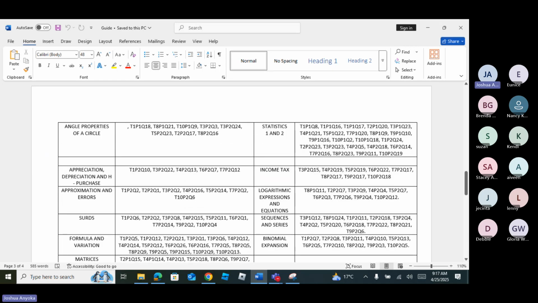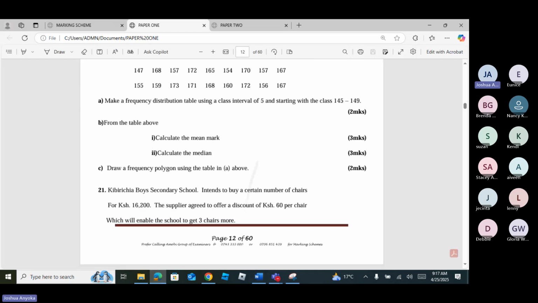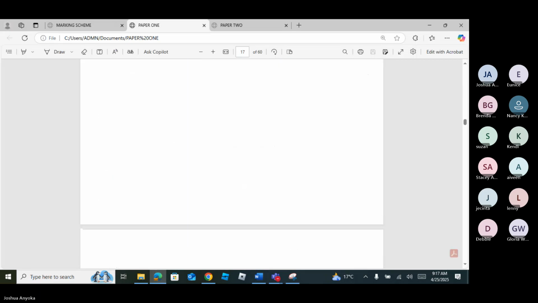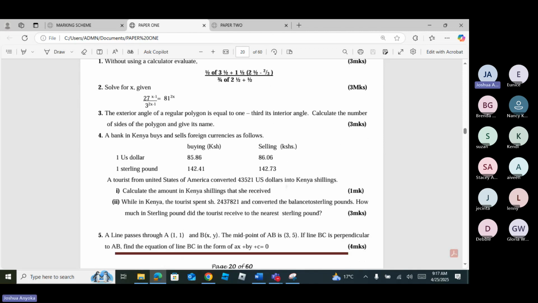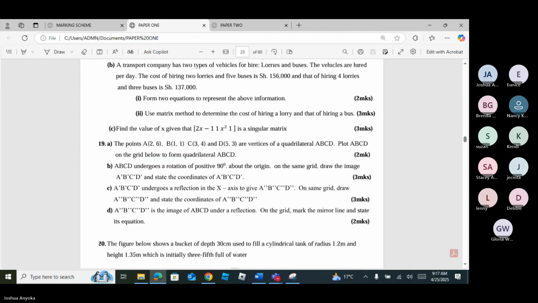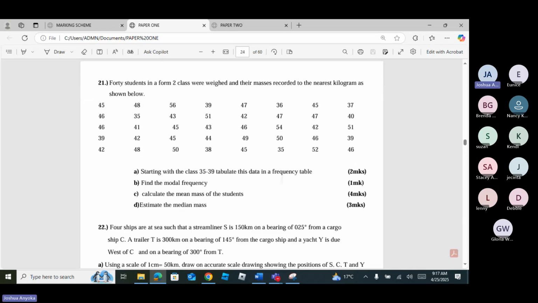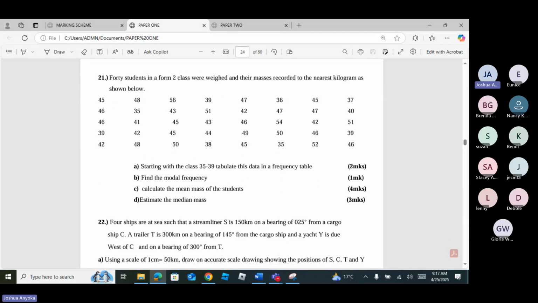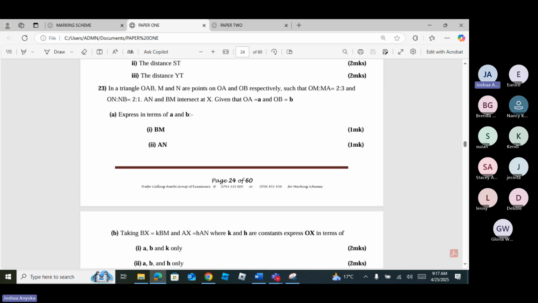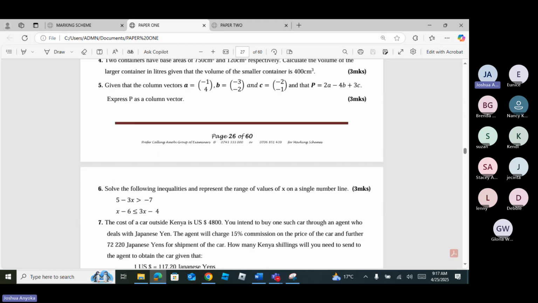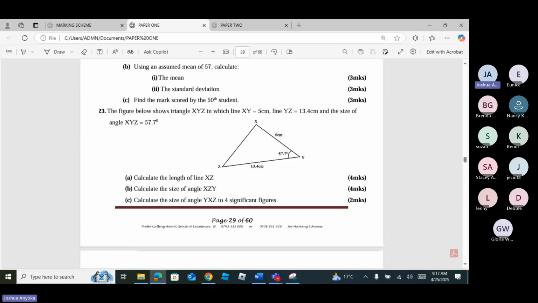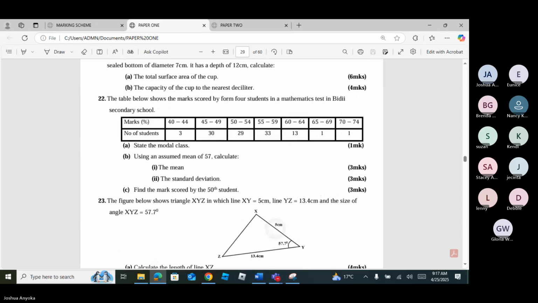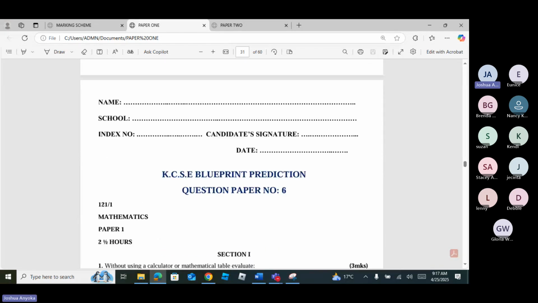Let's go to trial paper 4, question 21. Let's find another one. That one is form 4.